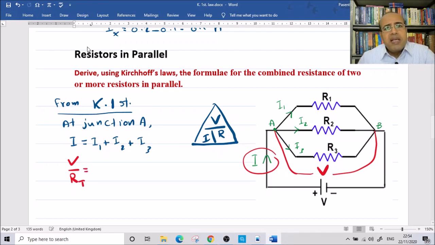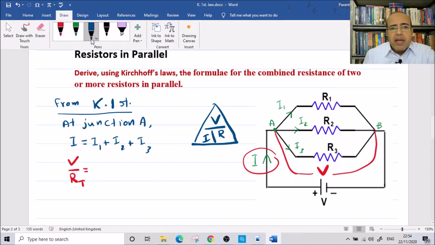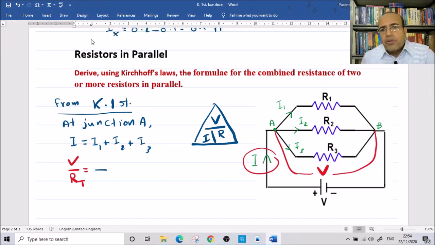R total is the combined resistance, equals I1. I1 is the voltage through R1. So the voltage is V, the same voltage. So I1 equals V over R1, plus I2, which is V over R2, plus I3, which is V over R3.